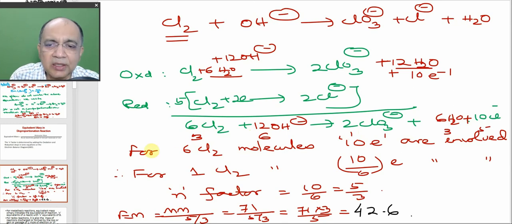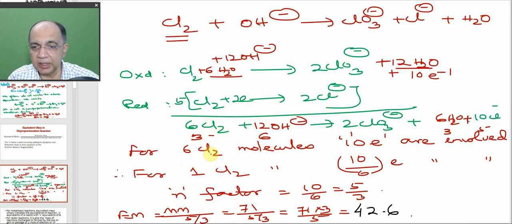But let us try to understand in this way. If 6 chlorine molecules involve 10 electrons, or 3 chlorine molecules involve obviously 5 electrons, then 1 chlorine will be 10 by 6.